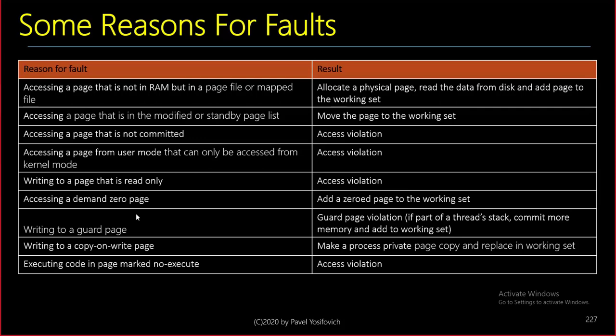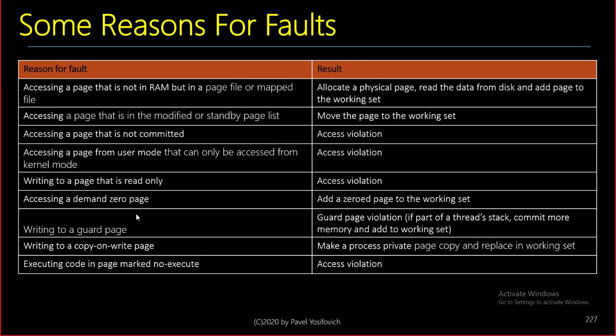And this is the time the memory manager will provide a zeroed page to the working set of the process. So it will provide a 0 page in RAM, point the page table entry to that page, and tell the CPU to try again. This is called the demand 0 page. And we'll understand why the page should be zeroed in a few slides when we discuss how physical memory is handled.